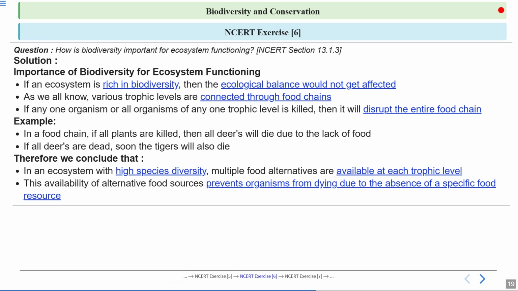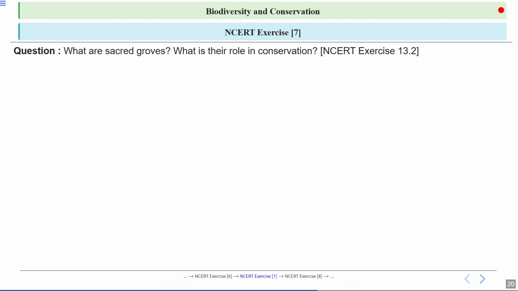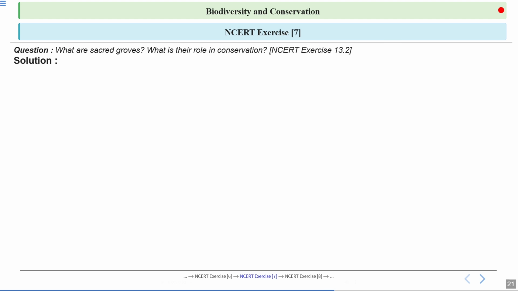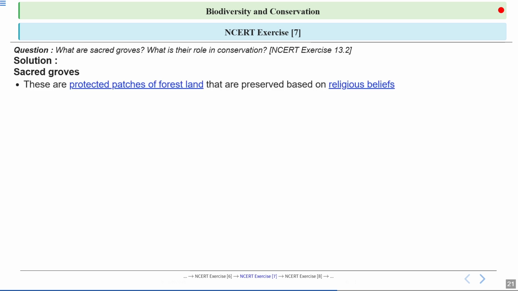Okay, clear? Now, next question, what are sacred groves and what is their role in conservation? Let's have a look at the answer. Let's understand what sacred groves are. Sacred groves are protected patches of forest land that are preserved based on religious beliefs, often found in tribal and rural areas where local communities safeguard these areas out of cultural and spiritual reverence, which helps in conserving biodiversity and maintaining ecological balance.